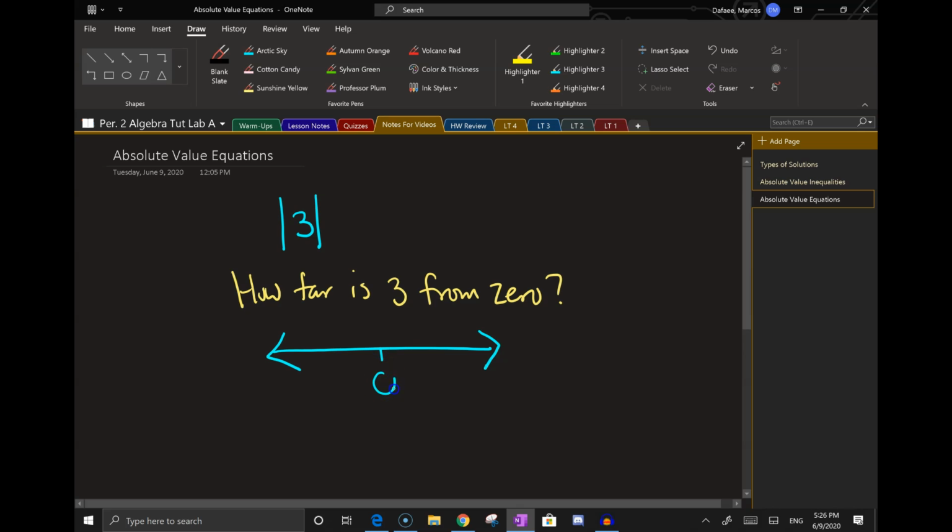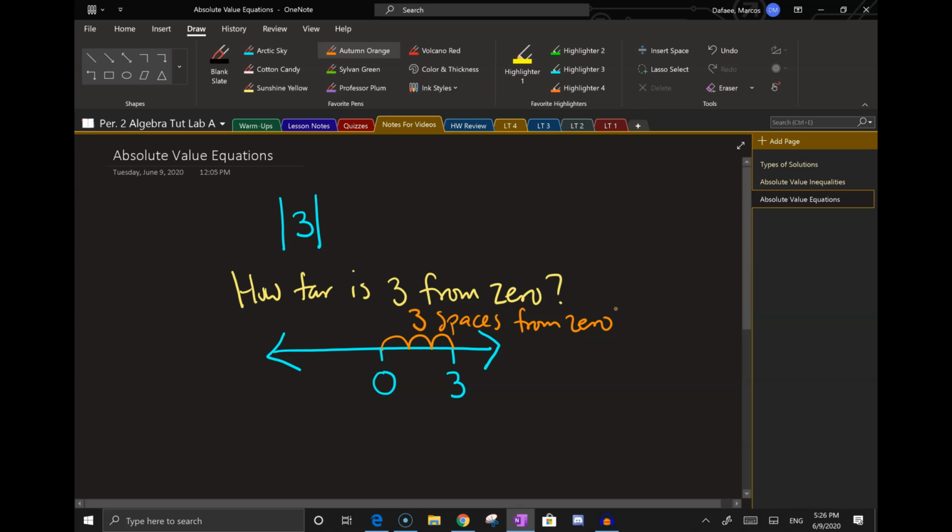So if I put 0 as our neutral zone, then the number 3, which would be to the right, would be exactly 1, 2, 3 spaces away from 0. You expect that. And by the way, when I say spaces, I'm talking about units, right? So spaces or units from 0.